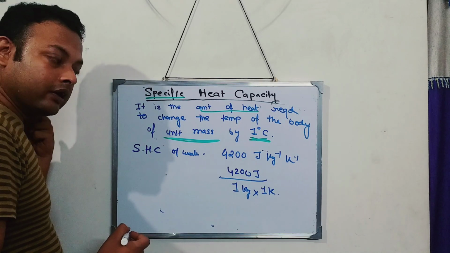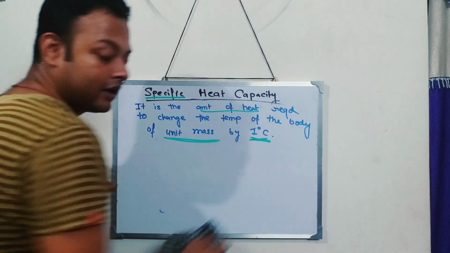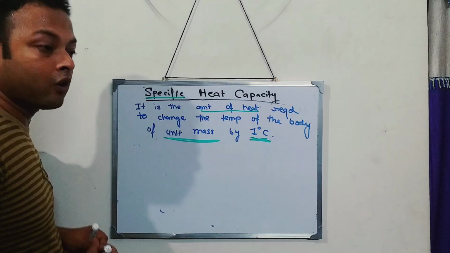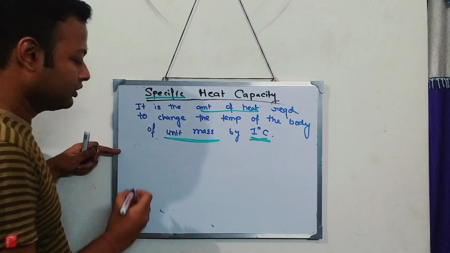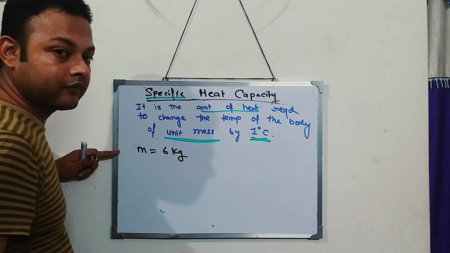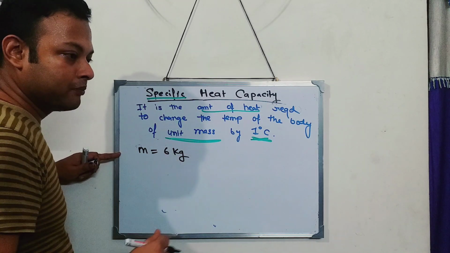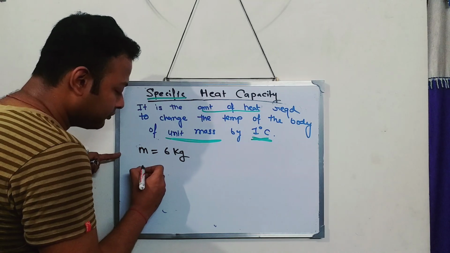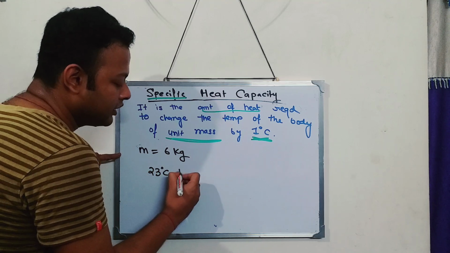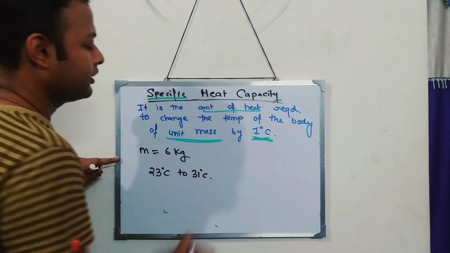I want you to do this sum once, okay? And if you are watching my video, I want you to write the answer in the comment section. What will be the answer for this? A body has a mass of 6 kg, and changes the temperature from, say, 23 degrees centigrade to 31 degrees centigrade.